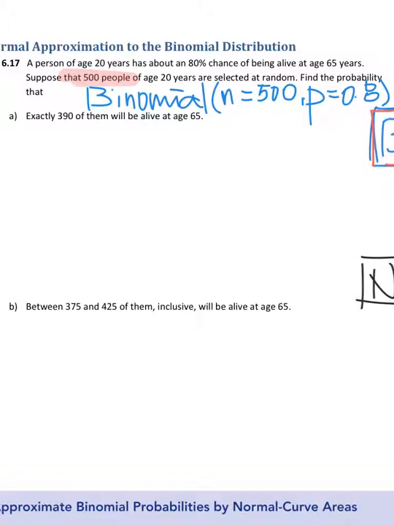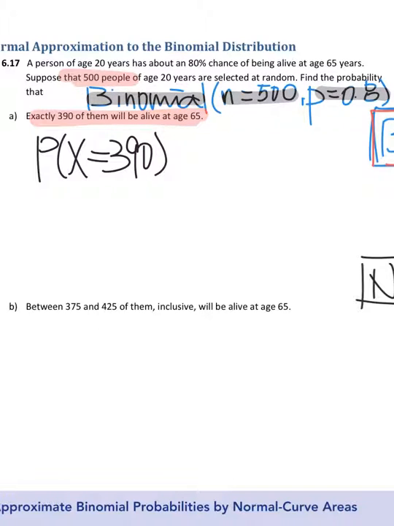So we have this kind of binomial distribution, n equal 500, probability of success is 80%. Okay, what is the question? We need the probability exactly 390 will be alive at 65. That means we need the probability x equal to 390.